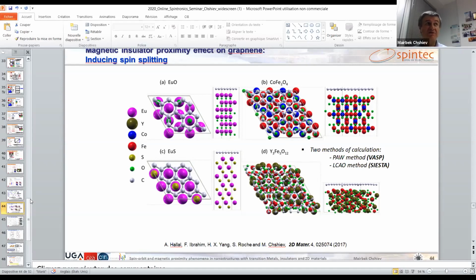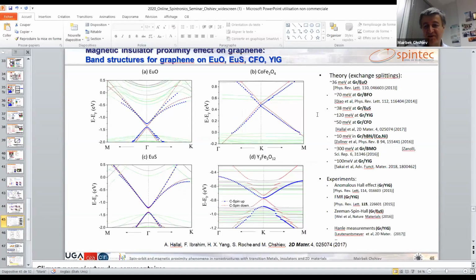As for which material I can suggest for stacking, in the experimental works which I mentioned, for example, this one was europium sulfide graphene. Bart van Wees was using yttrium iron garnet graphene, and he did nice Hanle measurements.